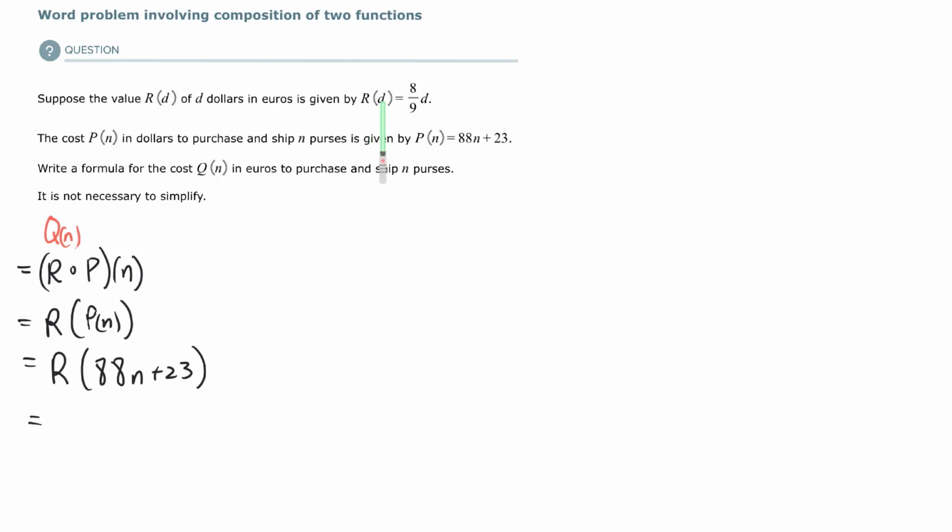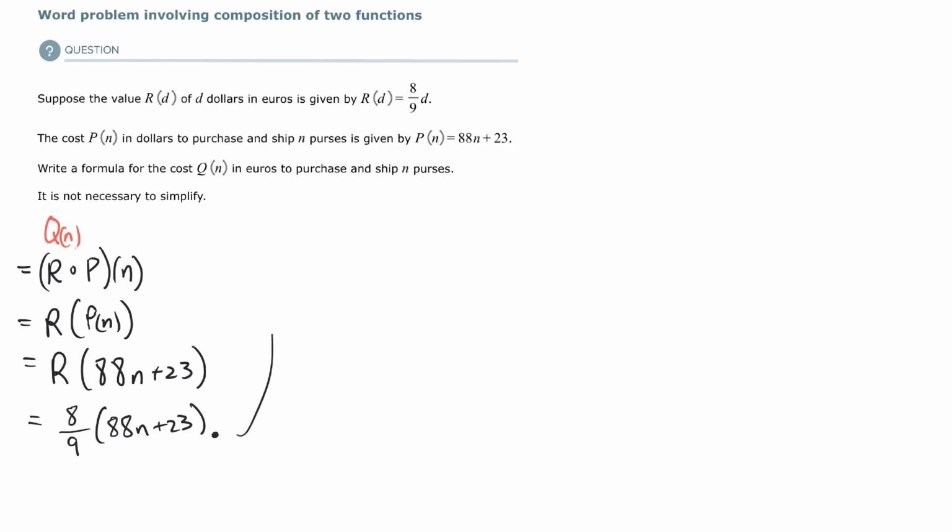It says if your input is D, then we go 8/9 times D. Well, if your input is 88N plus 23, then we go 8/9 times 88N plus 23. Just make sure you put parentheses. So what do I mean by that? Let's write it out. 8/9 parentheses 88N plus 23.